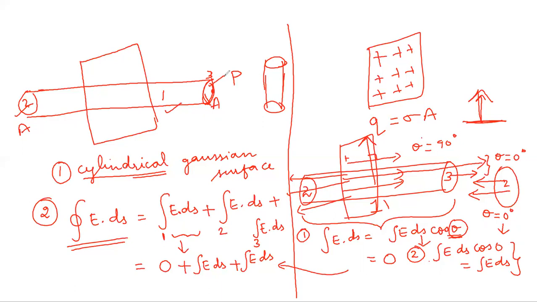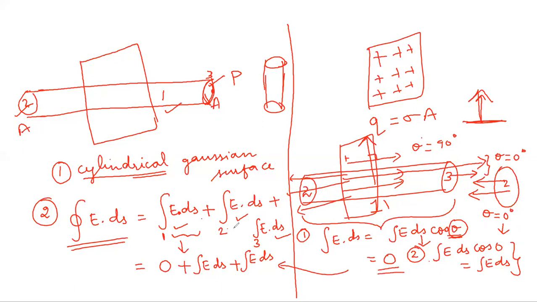Okay, so next step I am finding what is E dot ds. So I have to add all the 3 parts. Since it is E dot ds, I should find E ds cos theta. If you see, for the curved part, theta is equal to 90 degree, so we get 0.